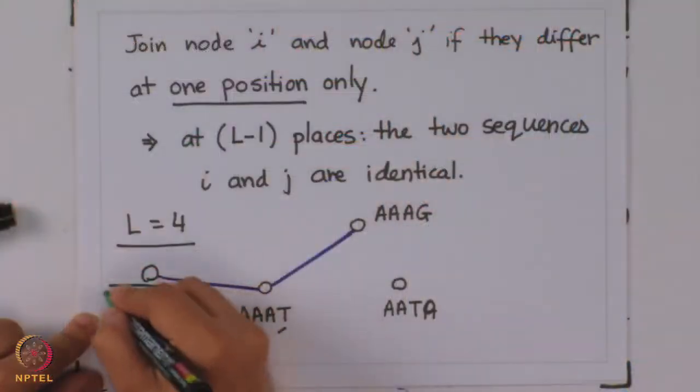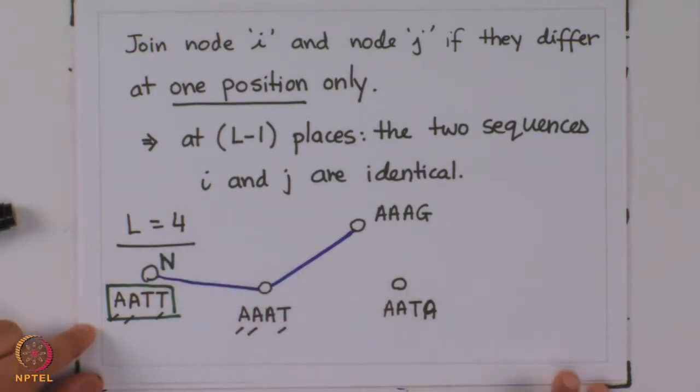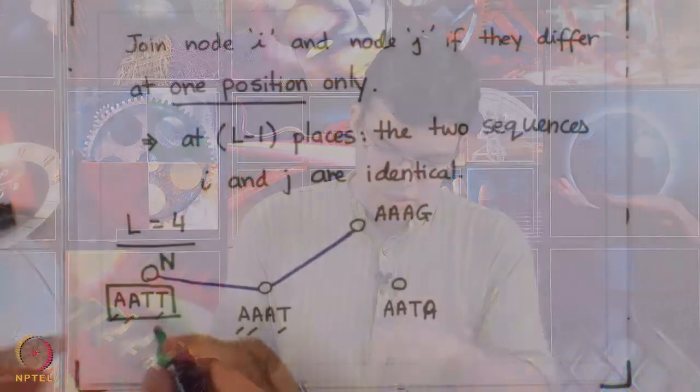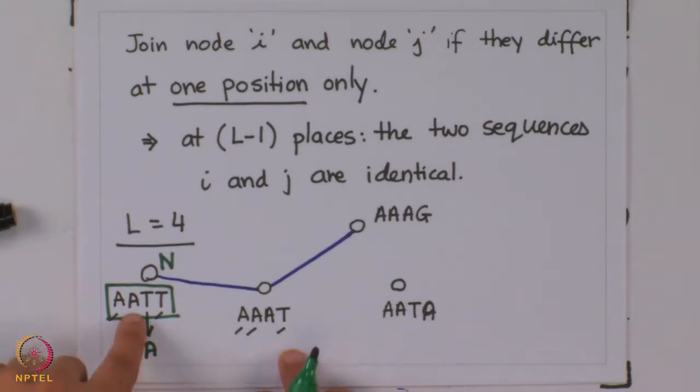For instance, if I have a population such that its genotype is this one, AATT, all n individuals belong to this particular genotype. Now, what might happen is that one of these individuals might acquire a mutation, and that mutation is going to be a single nucleotide change, which is called a point mutation, and during that mutation this T might get changed to an A, which means the mutant individual has jumped from this sequence to this sequence on my graph.